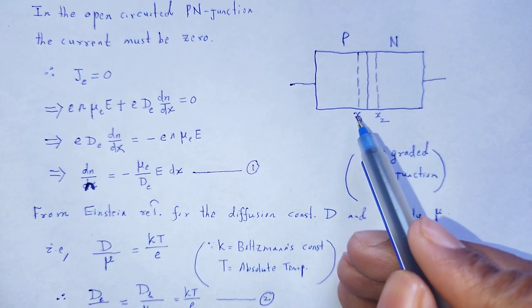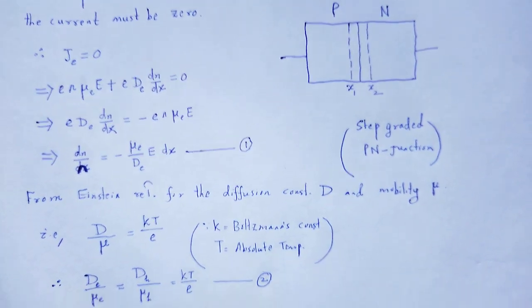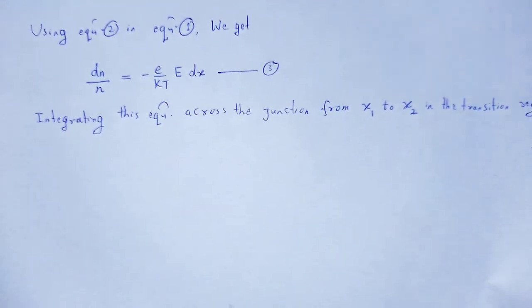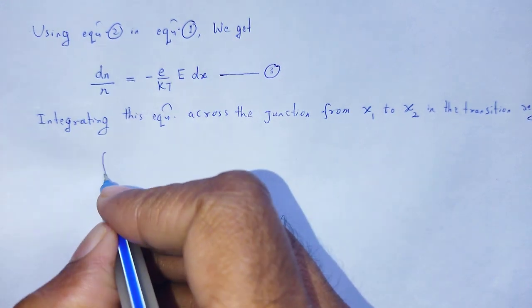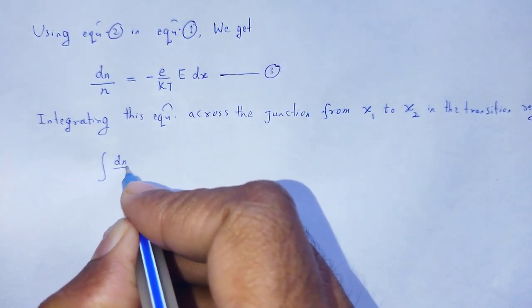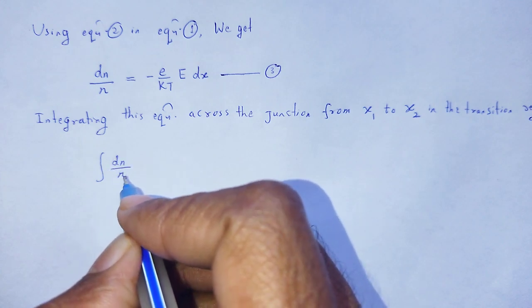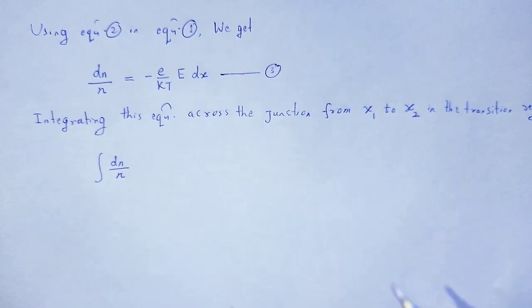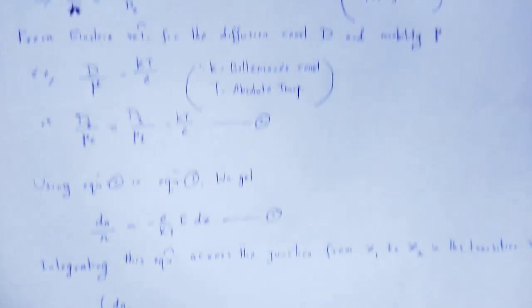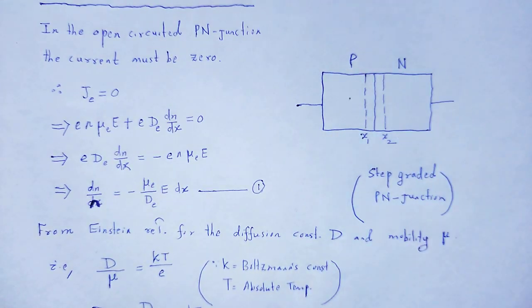That region from x1 to x2, we integrate it. So the integration of dn by n, the density of electrons, is from p type to n type.